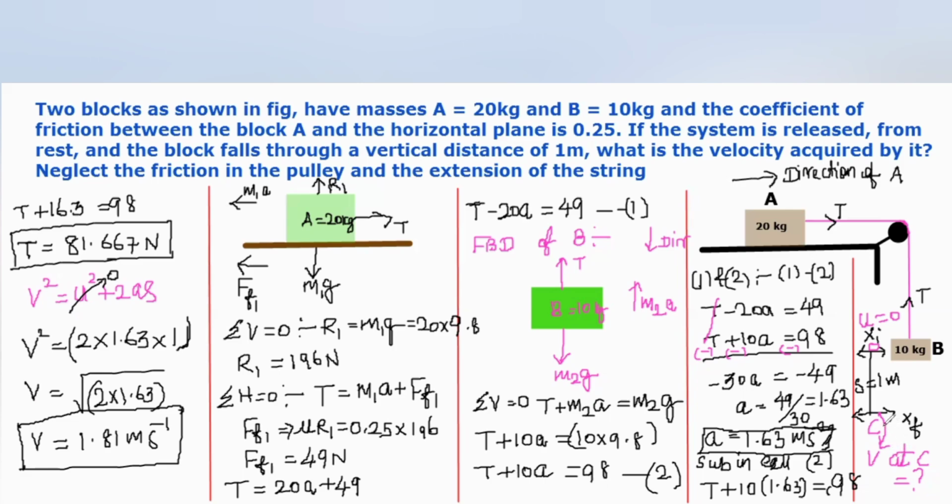So v at C we have to calculate when the initial velocity is 0, acceleration is known, s equals 1 meter. So v square equals u square plus 2as, cancel the first term. Substitute a and s, then take the square root, and we get the velocity equal to 1.81 meter second power minus 1.